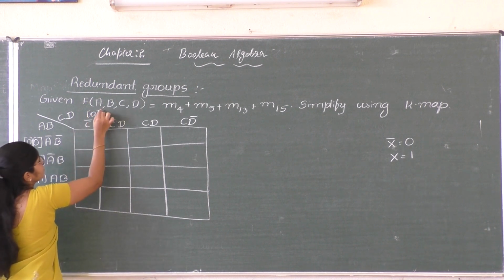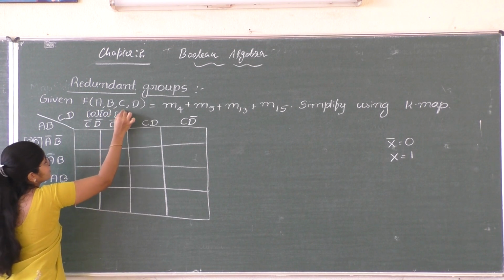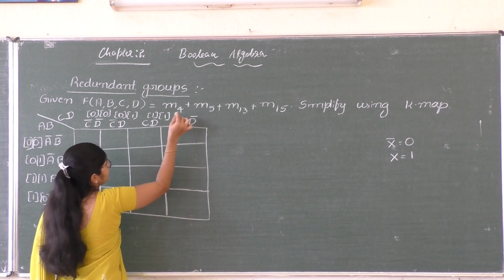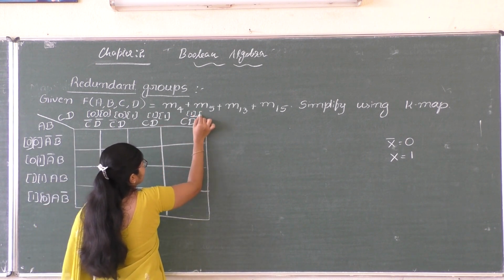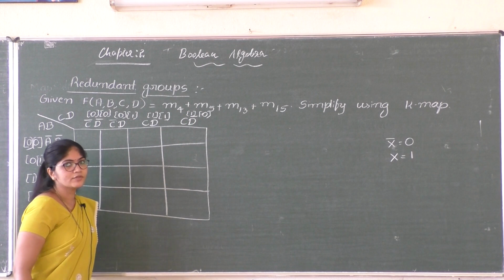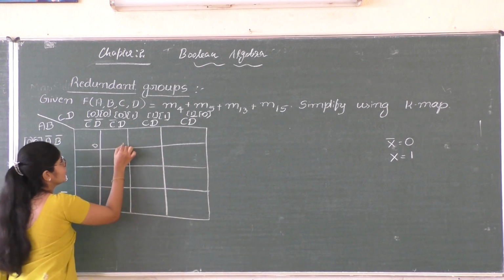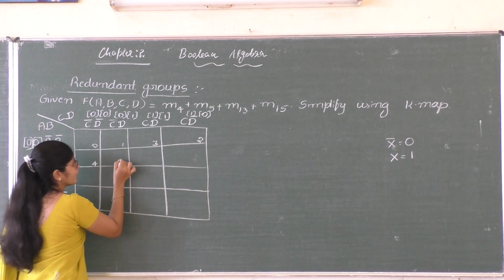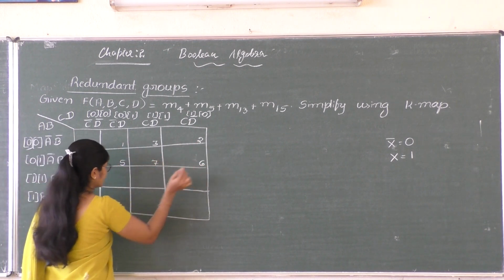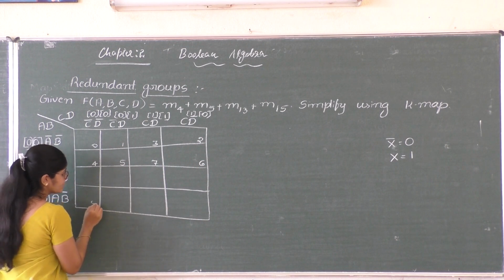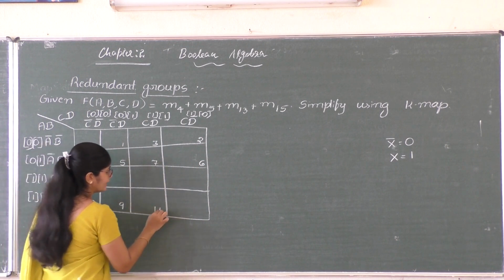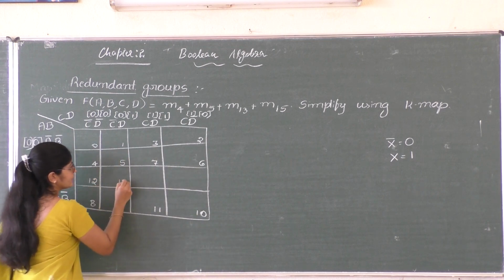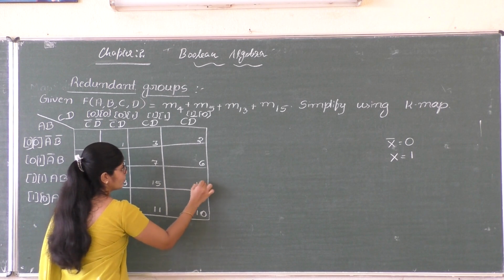Here 0, 0, 0, 1, 1, 1, 1, 0. And numbers of the squares are 0, 1, 3, 2, 4, 5, 7, 6. And in the last row 8, 9, 11, 10. In the third row 12, 13, 15 and 14.